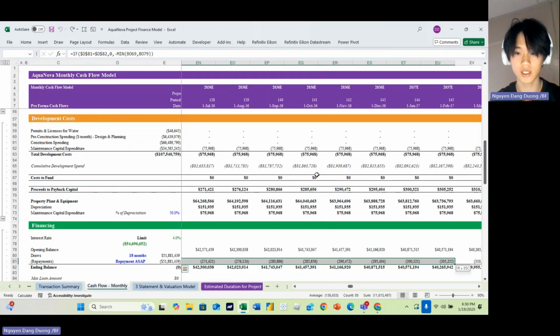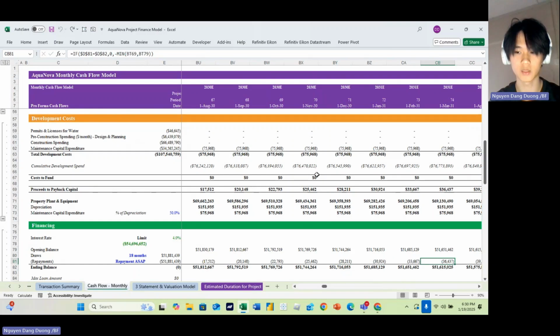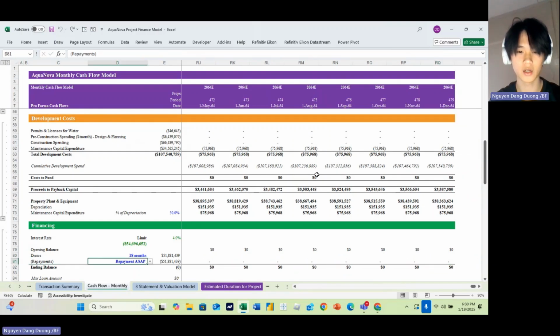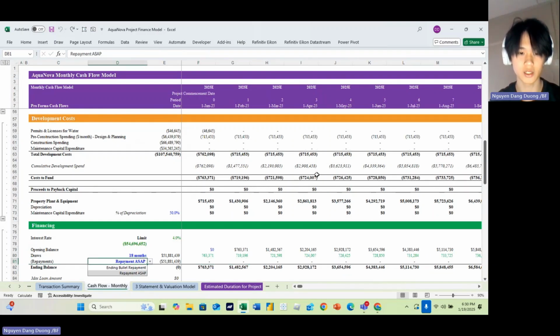And as you can see, the debt slowly goes down to zero in this manner. Another alternative, which can be toggled, is the ending bullet repayment, where we pay our debt at the end. So let's wait for Excel to finish calculations.